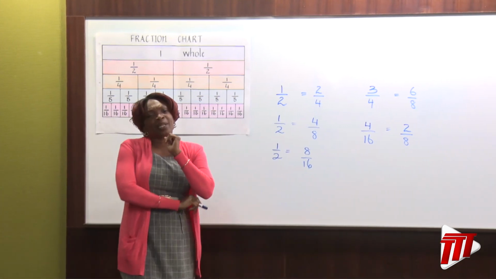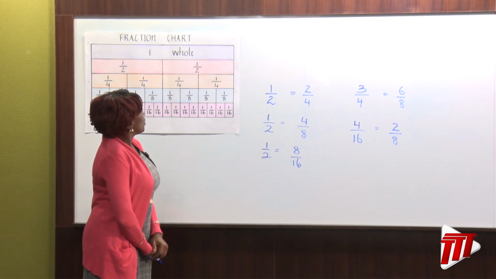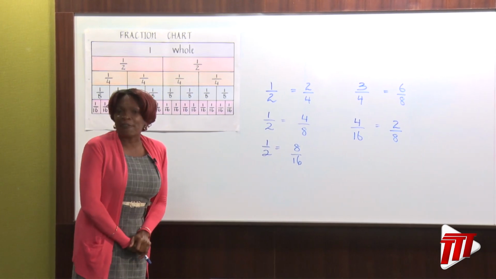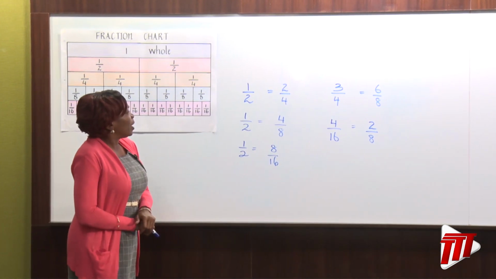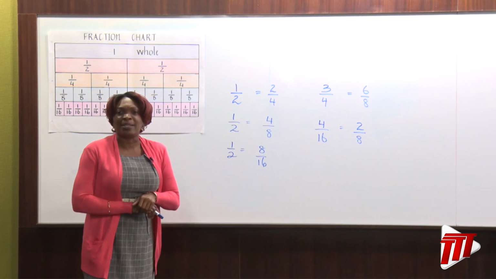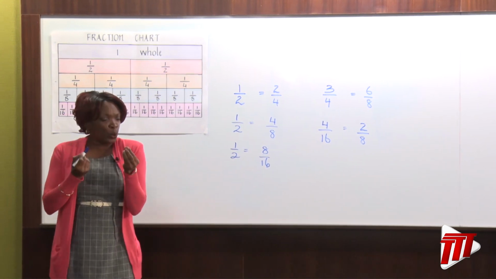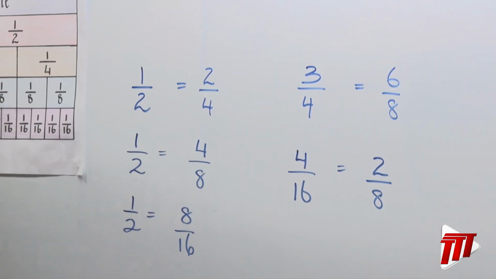I want to take you one step further. What if we did not have the fraction board? What if we did not have this model here? If I were to ask you to look at the fractions and see if you can come up with a way that you can get the equivalent fraction, what would you say?